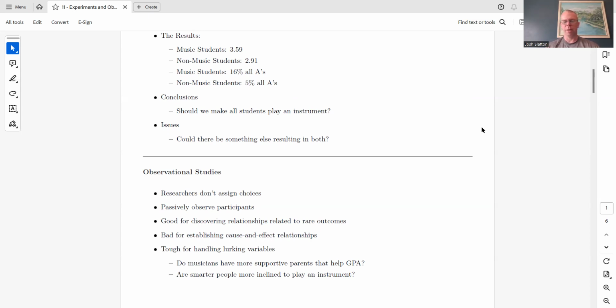And similarly, observational studies are tough for handling lurking variables. Do musicians have more supportive parents that help GPA? Or are smarter people more inclined to play an instrument? Maybe, maybe not. But you can't look at an observational study and make those determinations. So that's one limitation of the observational study.